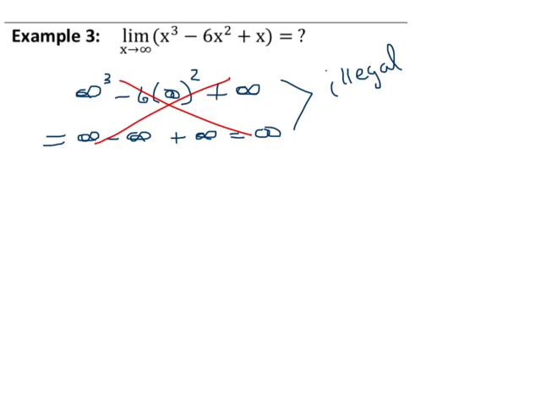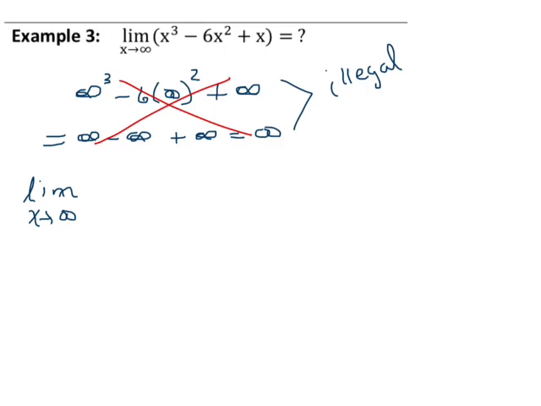Okay, so let's go ahead and take a look. What we're going to do is factor out the highest power, in this case the biggest power being x cubed. So we're going to factor out x cubed from everything, or in essence divide everything by x cubed. So if I were to factor out x cubed, I might write this.